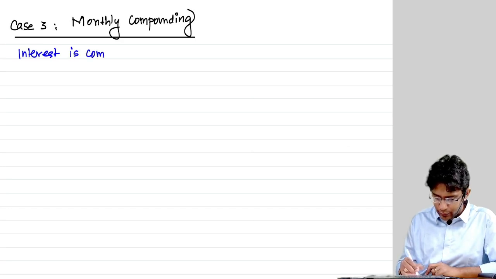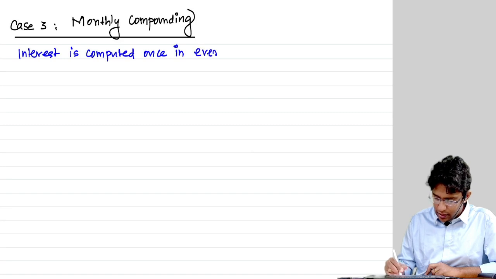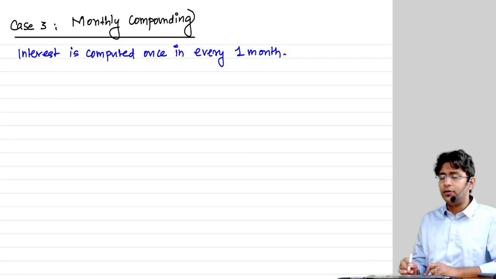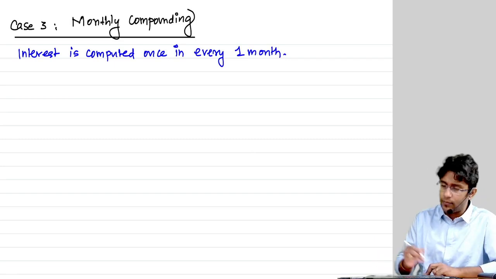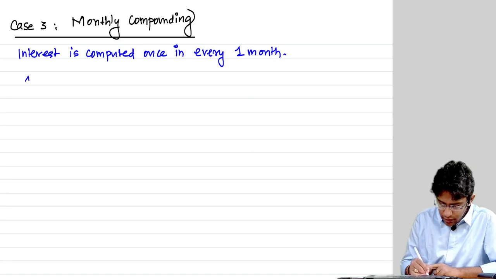So interest is computed once in every 1 month. Since interest is computed once in every 1 month, one period is equal to 1 month.